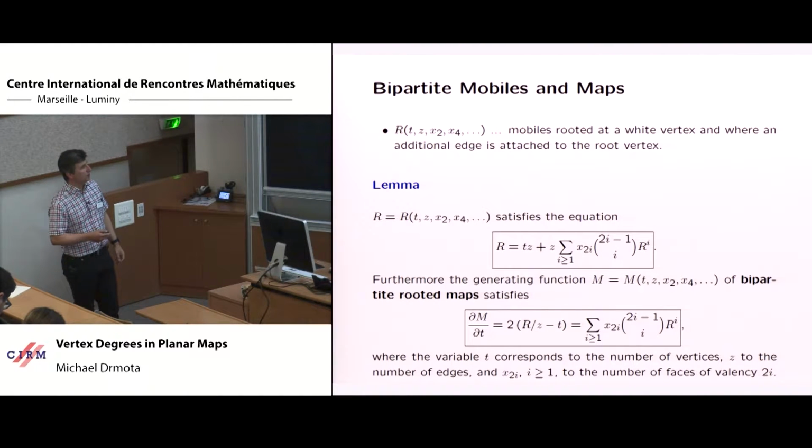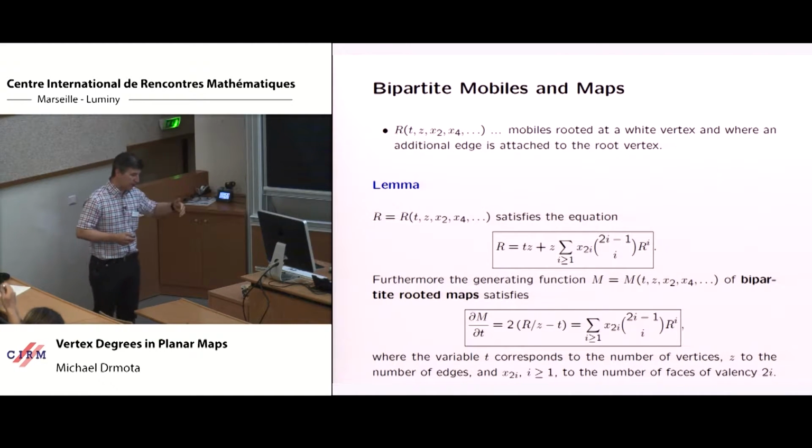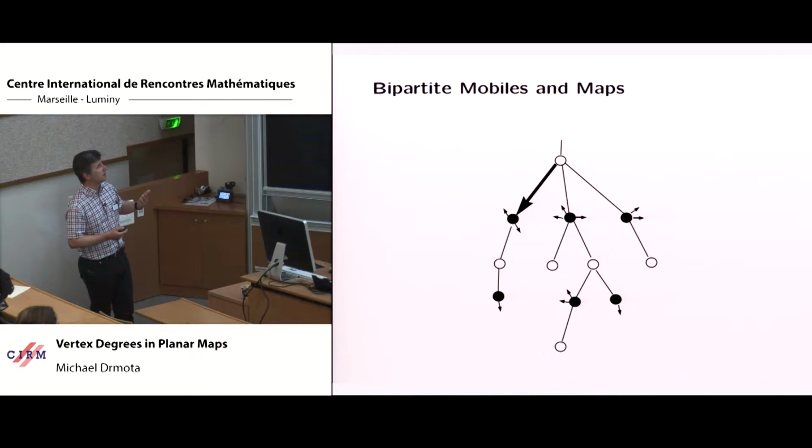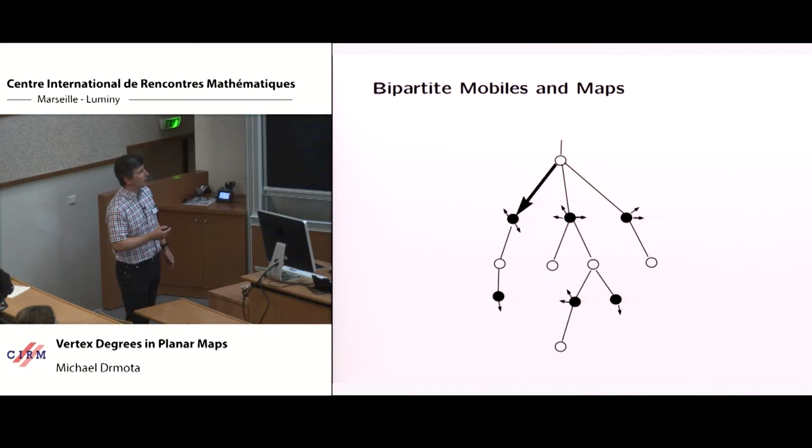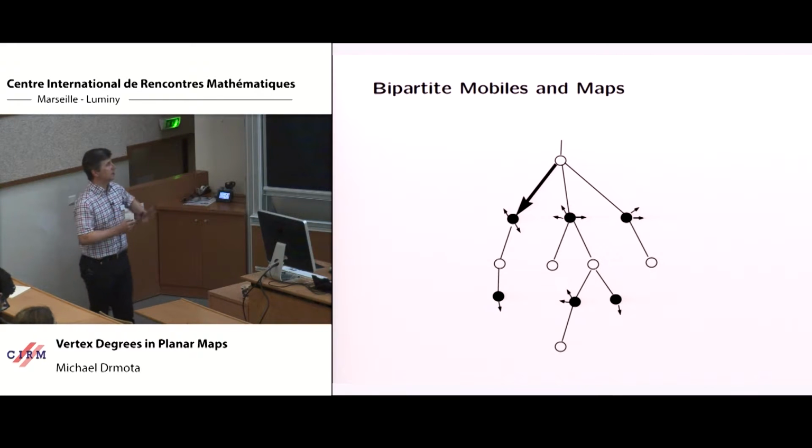So this is a formal power series in infinitely many variables, and by this bijection I can relate it to the corresponding counting generating function of mobiles. This is the generating function of a very specific kind of mobile, where I have a root edge starting at a white vertex, and I put also an additional edge here. Sometimes this is called a planted tree.